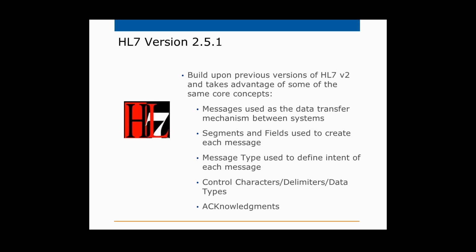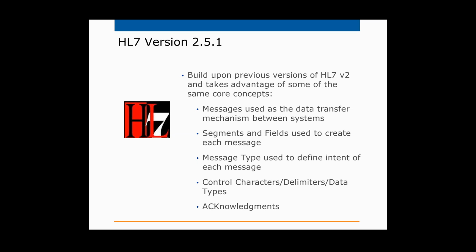Those messages will contain a message type that's used to define the intent of each message. Is this an ADT message? Is this a lab result for the state type of message? Things like that. Is this a syndromic? Is this a vaccination, immunization? What type of message are we dealing with? You'll find that control characters, the same delimiters and the same data types that were present in version 2.3 also apply to version 2.5.1.